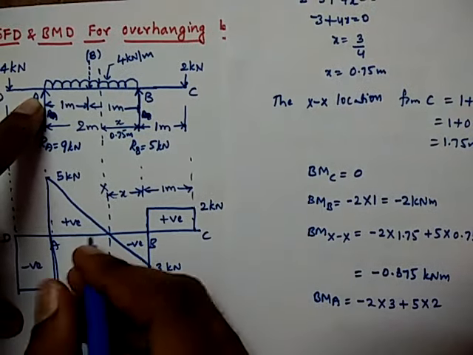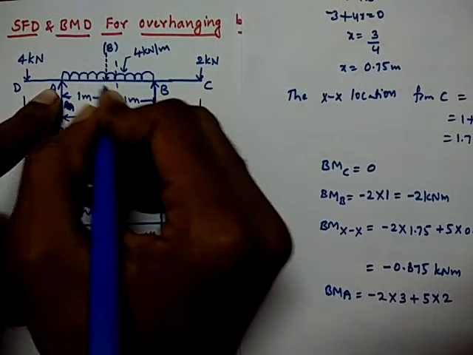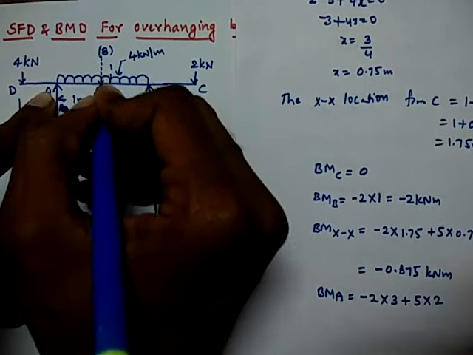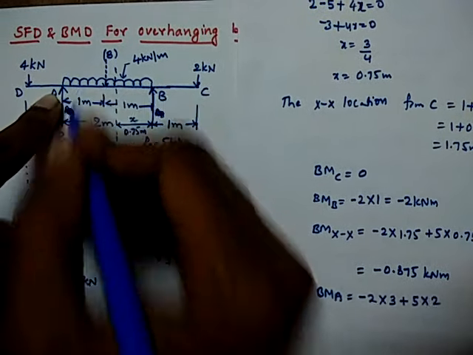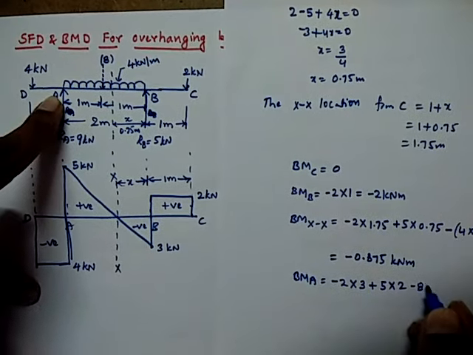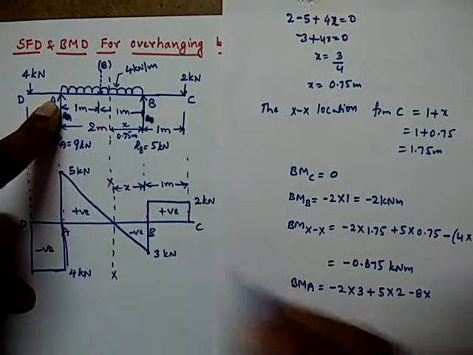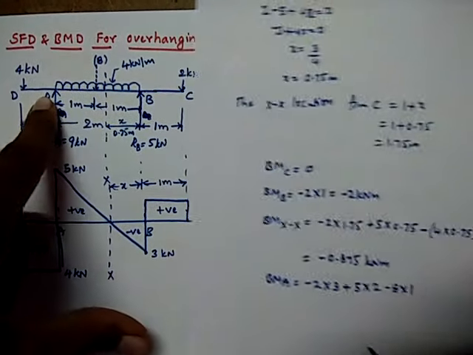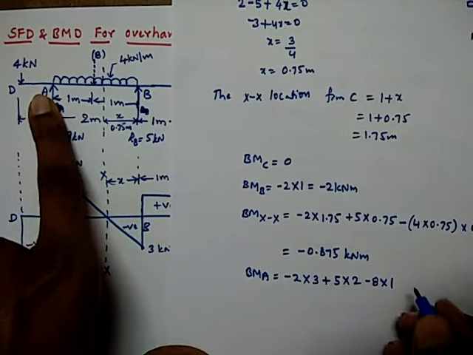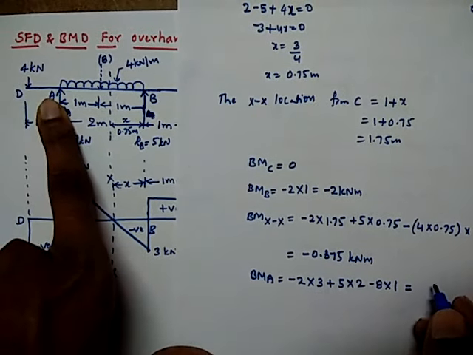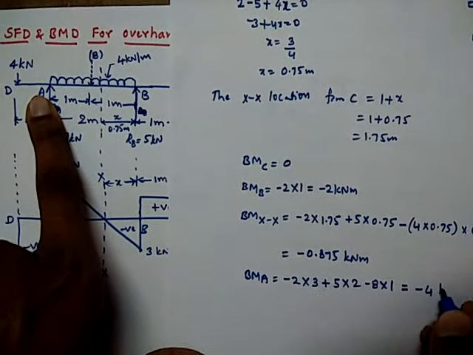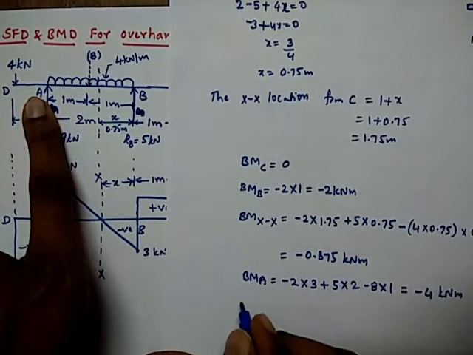And next, here we have replaced this UDL, so it will create negative moment, so it is minus 8 into distance, which is 1 here. So when you simplify that, we'll get bending moment at A as minus 4 kilonewton meter.